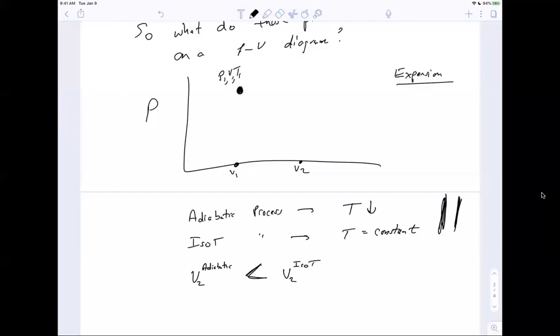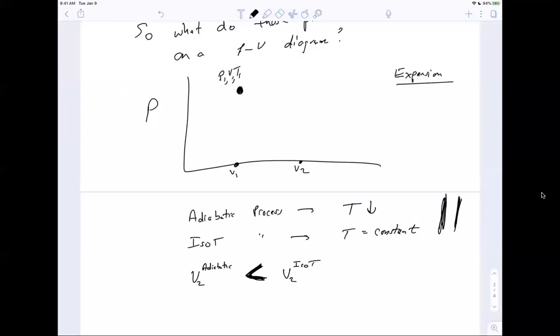So this is the relationship between V2 adiabatic and V2 isothermal, okay? Does everyone see why? Because if you have a temperature drop in one case, the final volume will have to be less than in the case where you have no temperature drop, okay? So in both cases, we're going to the same final P2.